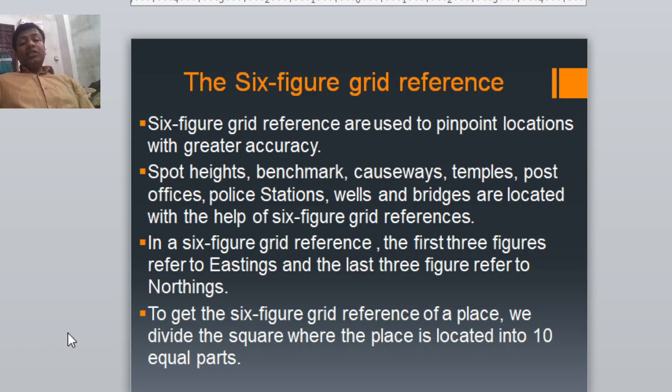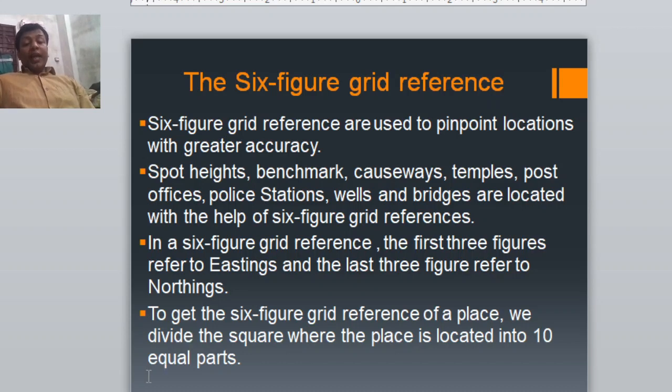In a six-figure grid reference, the first three figures refer to easting, like in a four-figure grid reference the first two figures refer to easting. And the last three refer to northings.